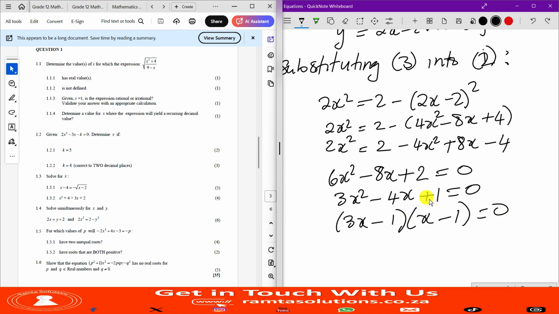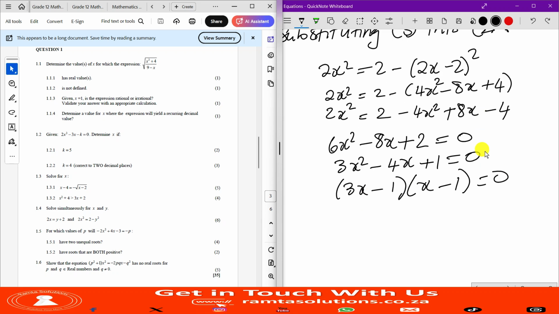So let's see, the constant is positive 1. It means both factors will take the sign of the middle term. The middle term is negative, so both are negatives. Okay, we can proceed from here. Now this says x equals 1 over 3 or x equals 1.